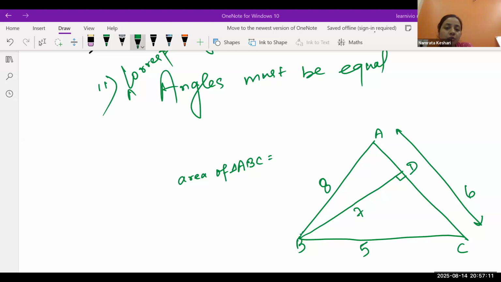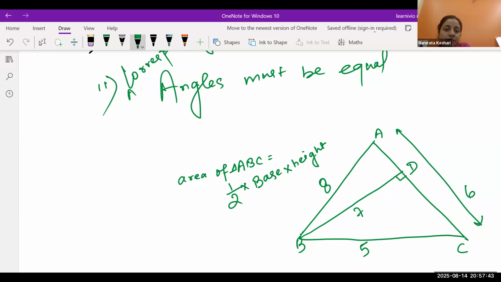Now I want you to tell me which one is the base and which one is the height. In this triangle, which one is the base and which one is the height?